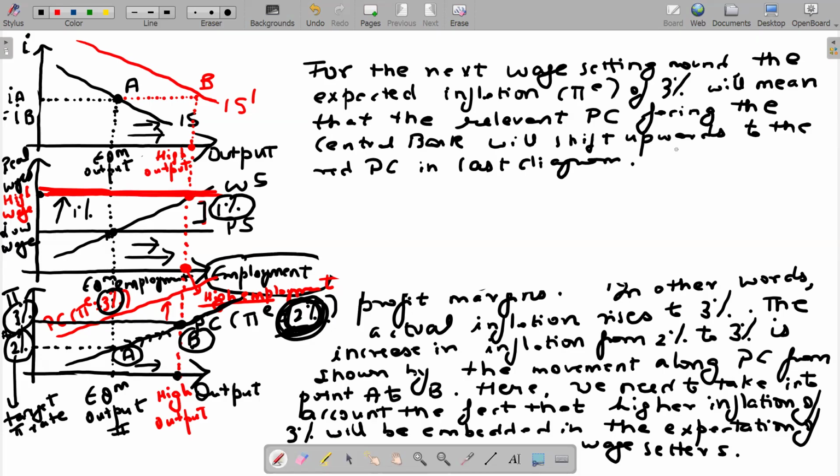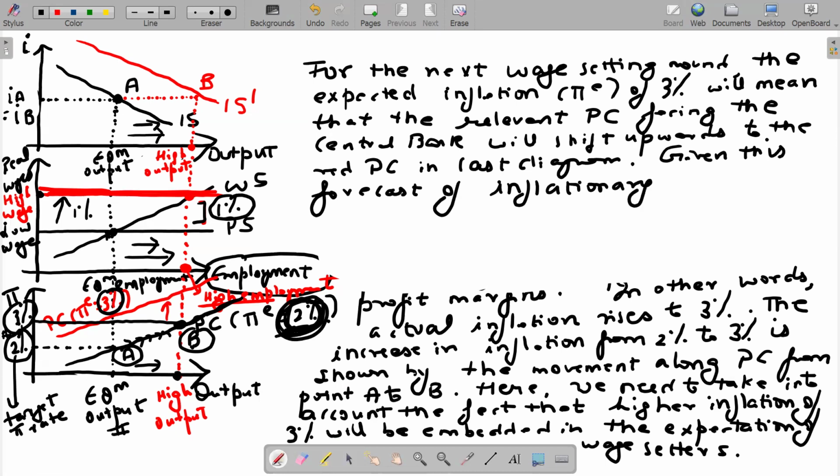Okay, so I can say, given this forecast of inflationary behavior, the central bank chooses its best response to the situation.